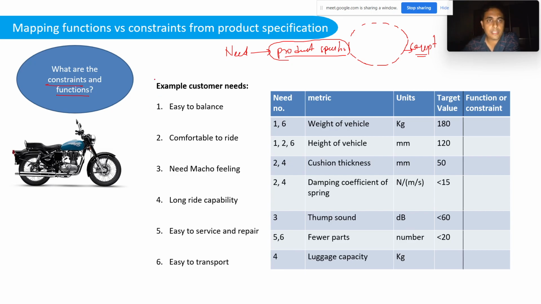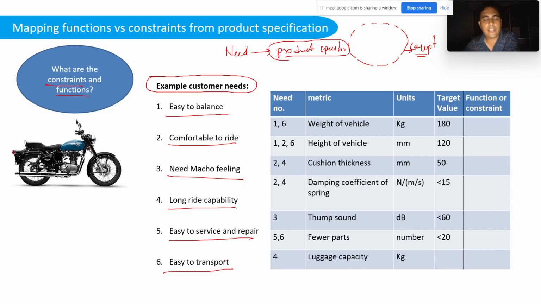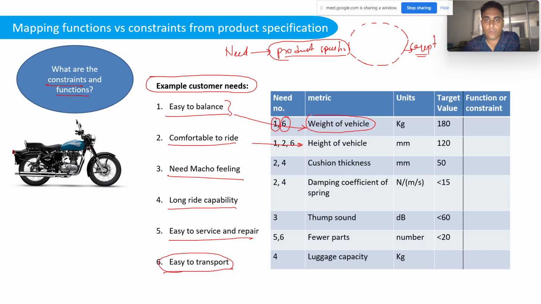Let me give an example here. These are the various requirements or needs that we came across, and accordingly we have identified certain features. For example, needs 1 and 6, easy to balance and easy to transport, can be satisfied by adjusting the weight of a vehicle.